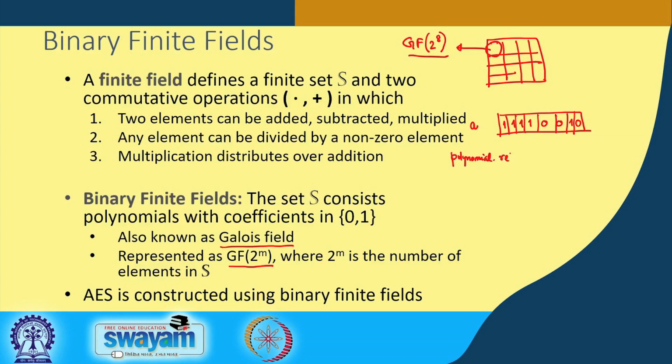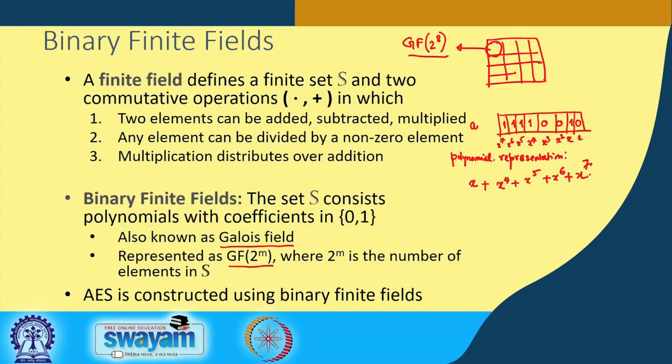This is the coefficient of 1, this is the coefficient of x, this is x squared, x cubed, x^4, x^5, x^6 and x^7. So this will be nothing but x plus x^4 plus x^5 plus x^6 plus x^7. So you can also conceptualize this as a polynomial.